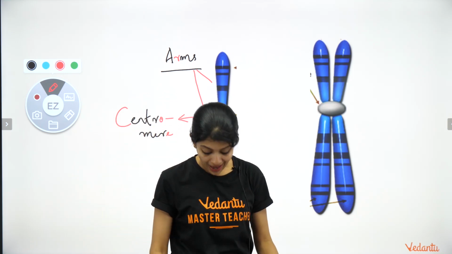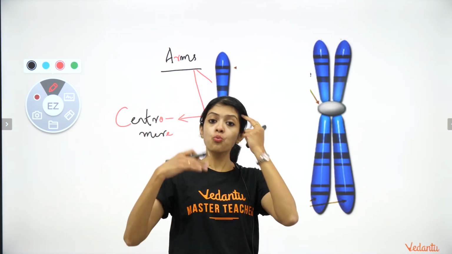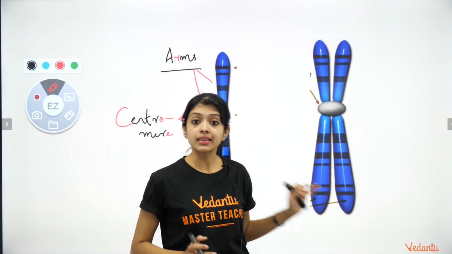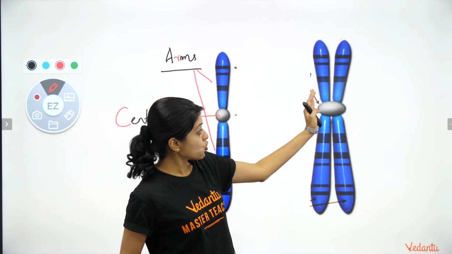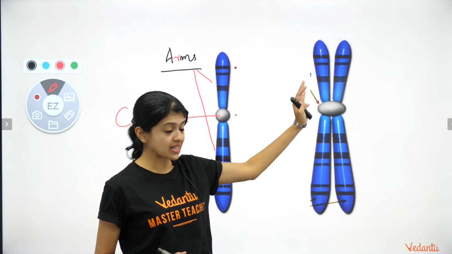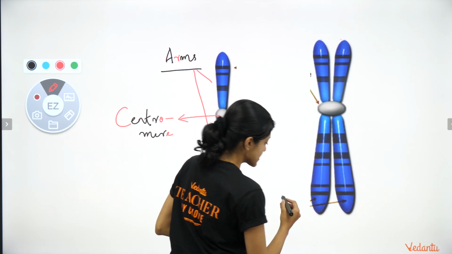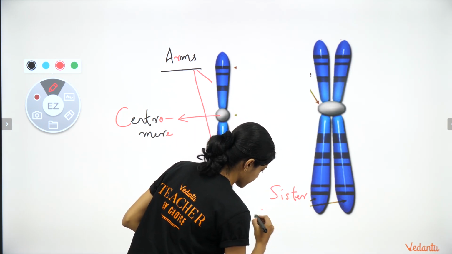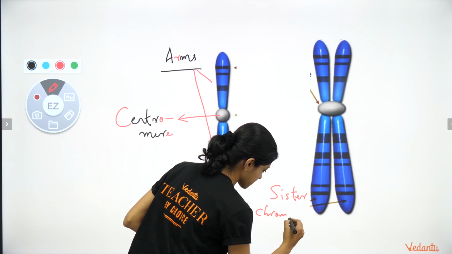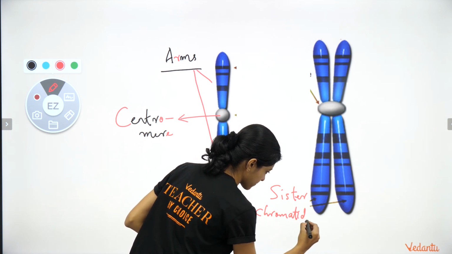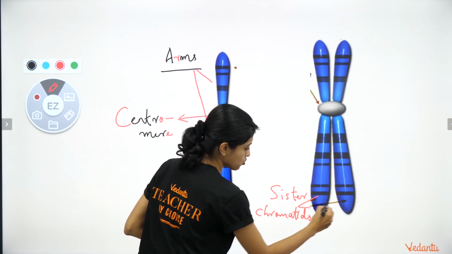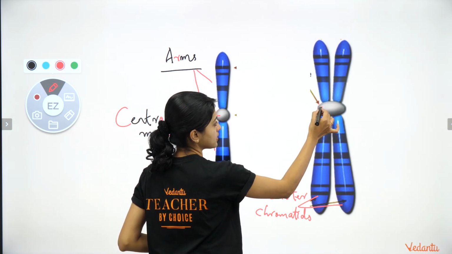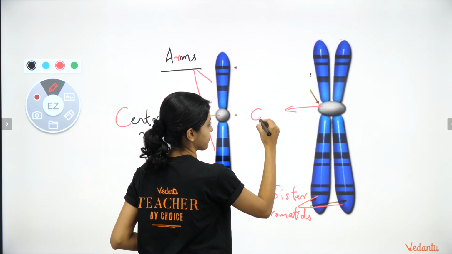That is because at the time of cell division, once the DNA has duplicated, the chromosomes end up taking up this form, wherein the duplicated DNA gives it this, and we call them sister chromatids. Okay, these two are sister chromatids held together by the centromere again.